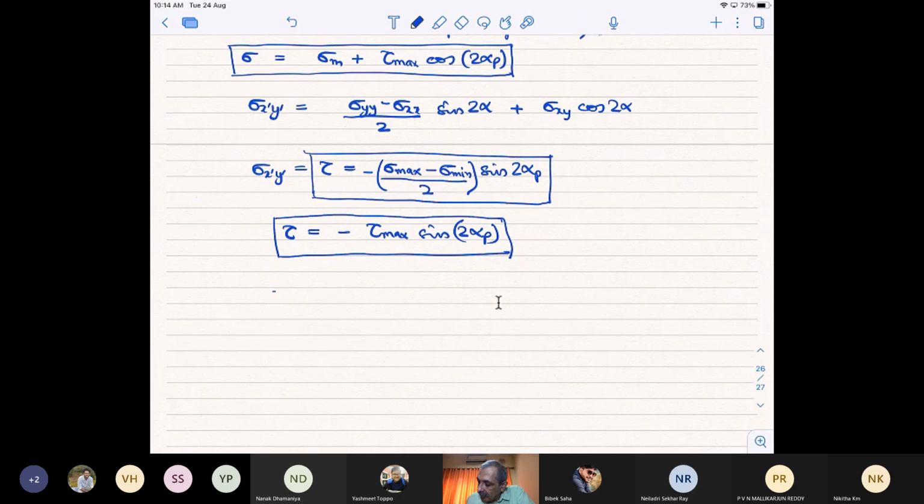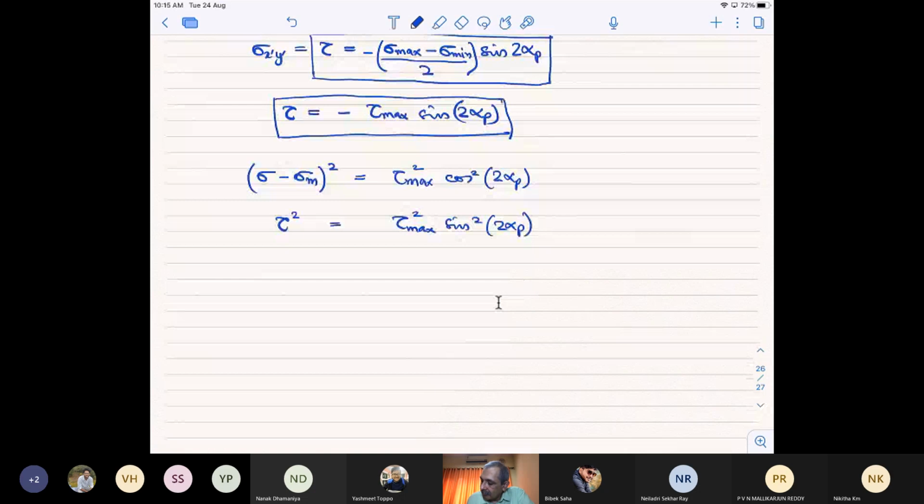We can easily see that sigma minus sigma m whole squared is equal to tau max squared into cos squared of 2 alpha p, and tau squared is also equal to tau max squared into sine squared of 2 alpha p.